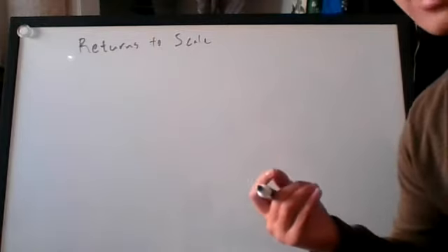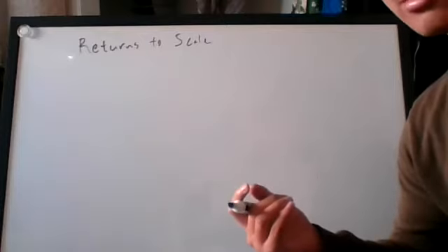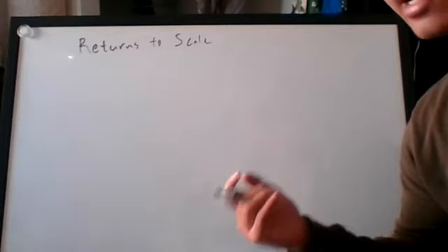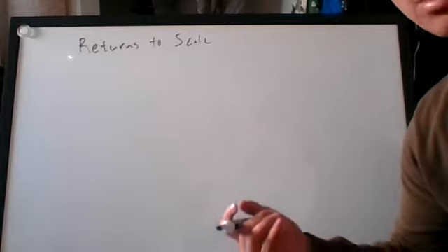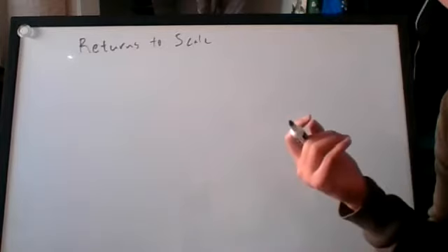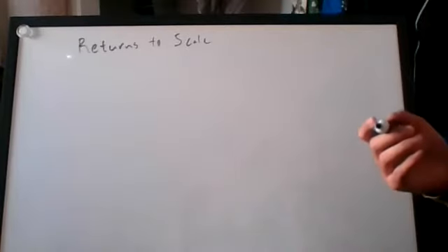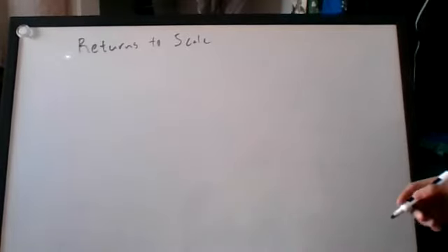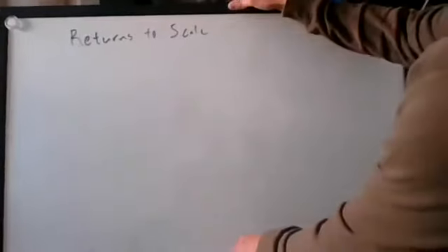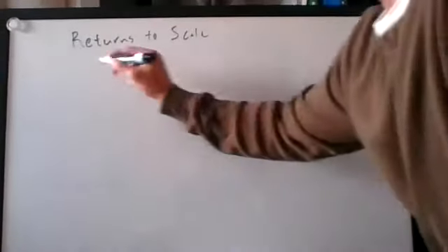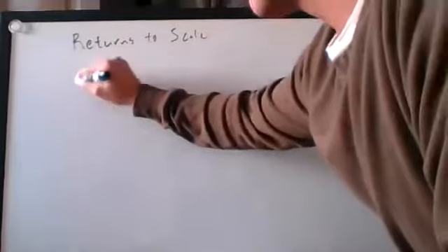So instead of having five cooks and 2 waiters, does having 10 cooks and 4 waiters result in greater profits, equal profits, or less profits? That's kind of the idea of returns to scale, right? And so the way that we test it is we see whether we have a ratio. And so let me just kind of write this out.